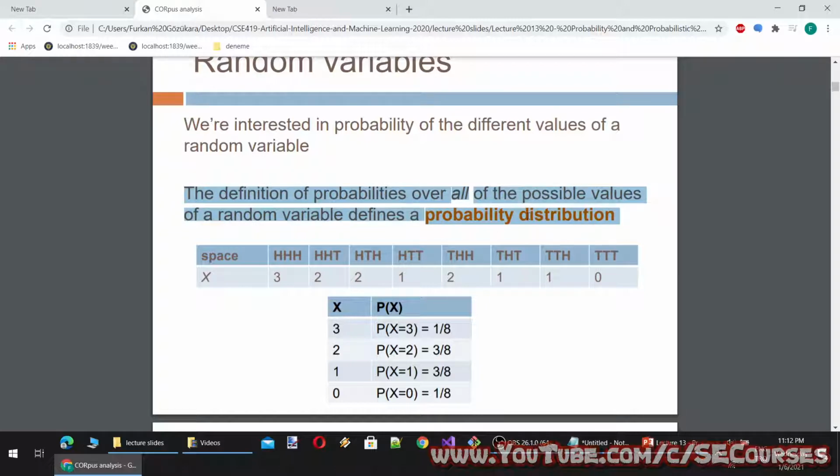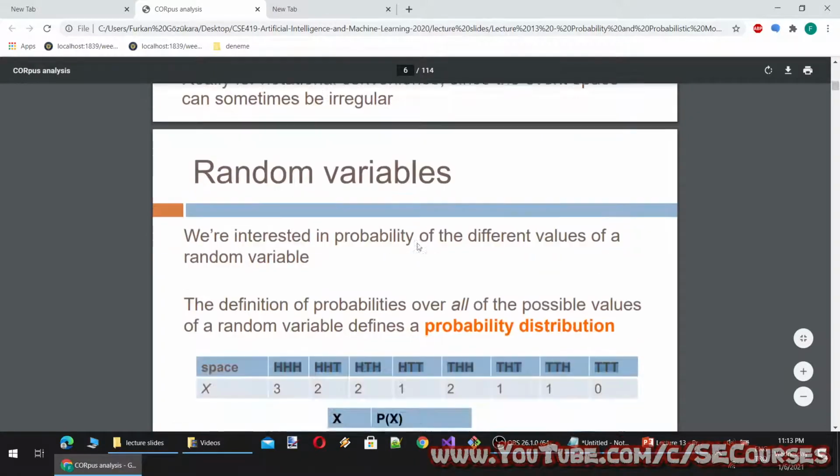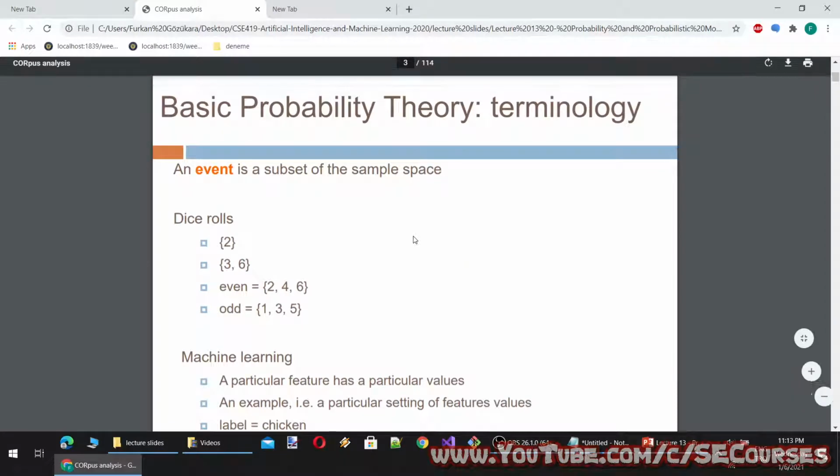So the probability of x being 3 is 1 over 8. Why? Because it exists only one time in the 8 different events. Each one of these is an event, and all of them compose our event space, which is called the sample space.